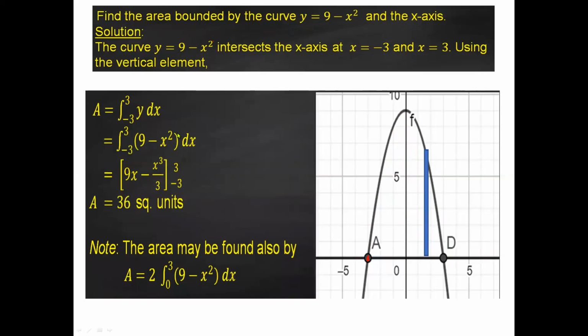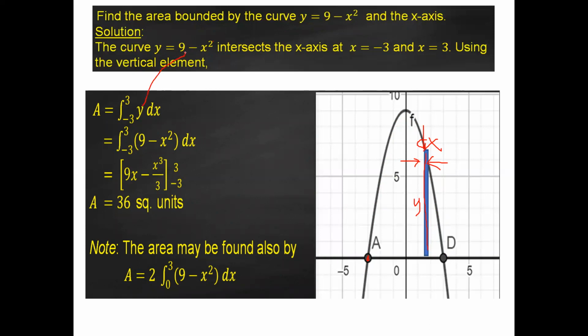The area is equal to y dx. So, ito kasi yung dx natin. Nakatayo yung strip natin, ano? And at ito naman yung y natin na nakatayo, yung strip natin. But y is actually equal to this.